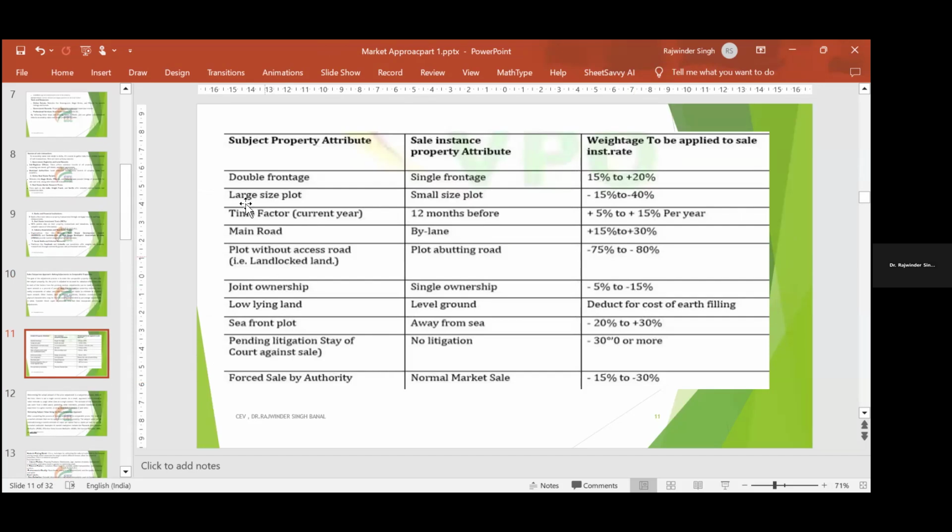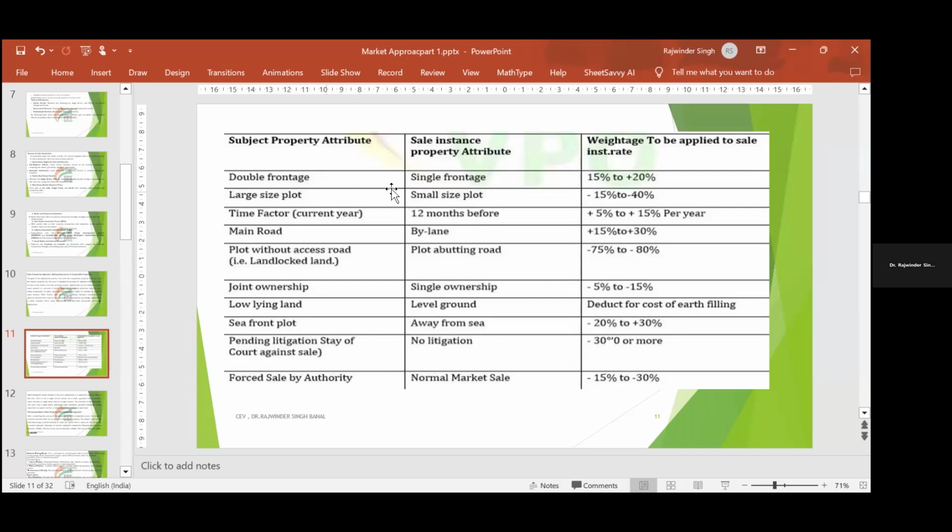Let us suppose your subject property is that property of which you are doing valuation, and sale instances are those for which you have collected the data. Let us suppose the property you are doing valuation of has double frontage, but the property for which you have data was single frontage.